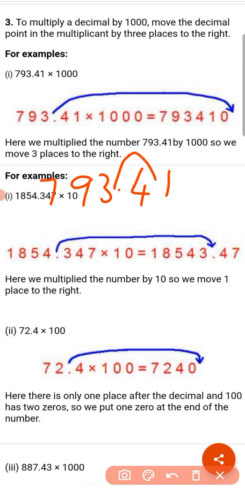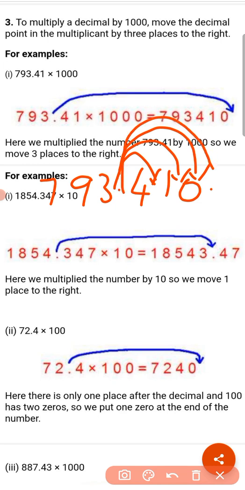So after 1, after 2, then after 2 there is no digit. So the third place is 0. We can write a 0. Then the position of the decimal is here. So children, this decimal shifts to after the third place.